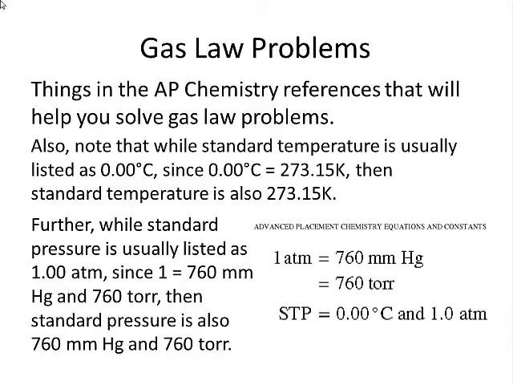So, it just stands to reason then that standard temperature is also 273.15 K. If you have standard temperature and pressure, you could just write it as 273.15 K and forget the conversion because you know that's what it is, yes? That makes sense? So it can save you some time if you remember that 0 degrees C is 273.15 K.